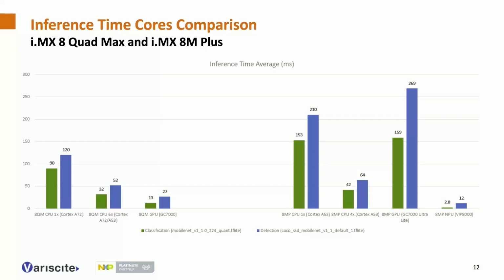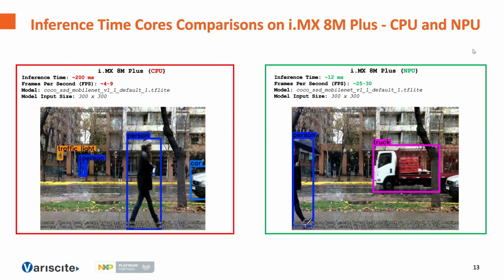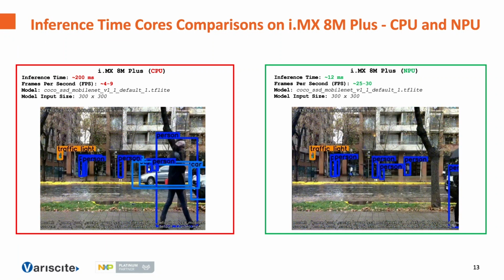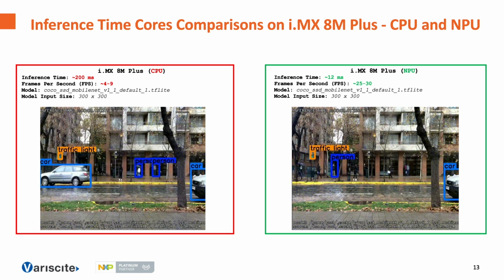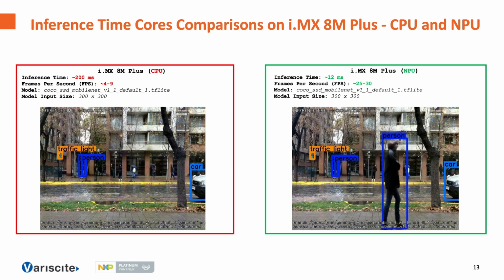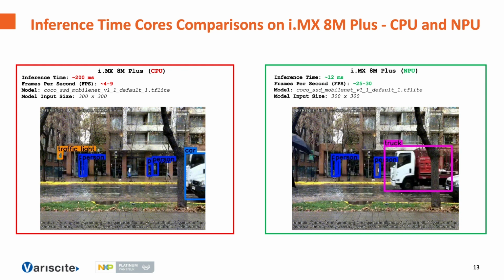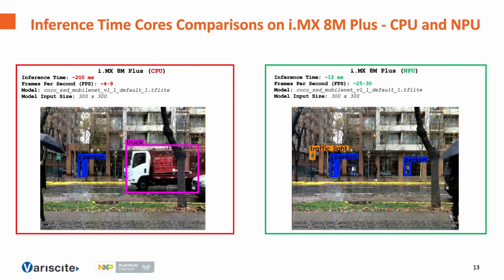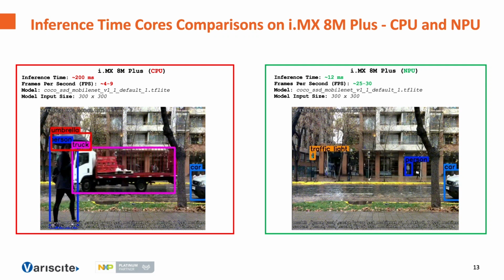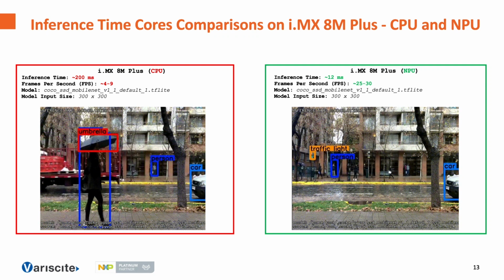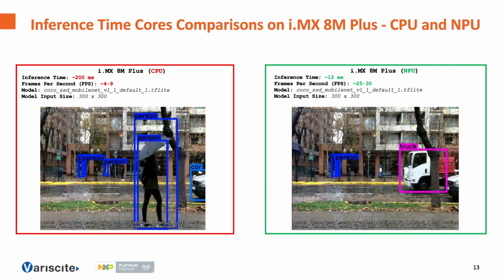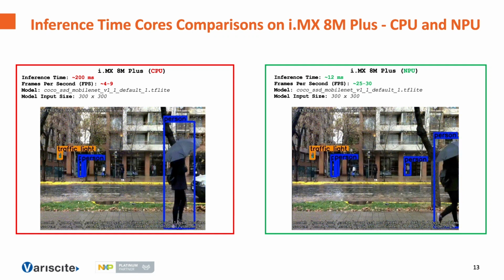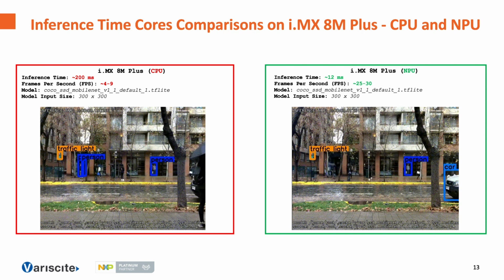So I think this is just a graphic, but I included in this slide a GIF which I recorded on the 8M Plus, so you can see the difference. On both sides, we have the same model, but on the left side, the red box, we have the CPU, which runs the inference in more than 200 milliseconds, which is not good because we can get less than 10 FPS, and that's not good, right?